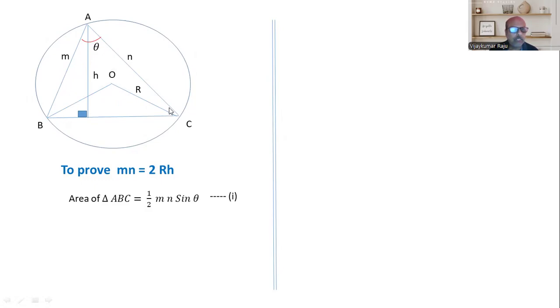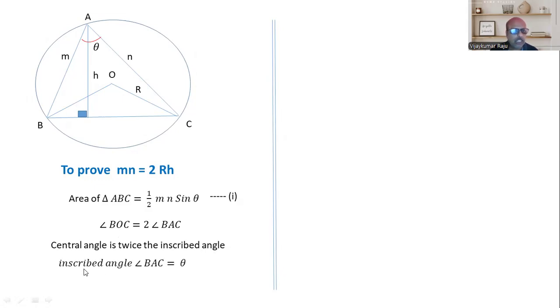So angle BOC is twice angle BAC. Angle BAC is equal to theta, which is given. So the central angle BOC must be equal to 2 theta.